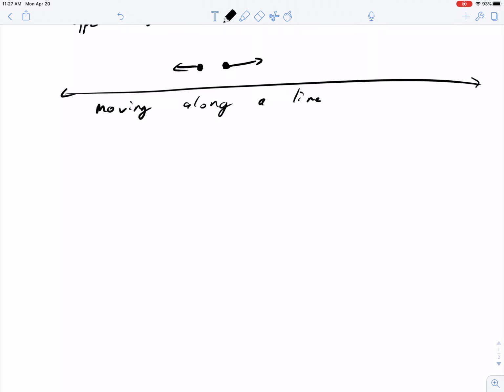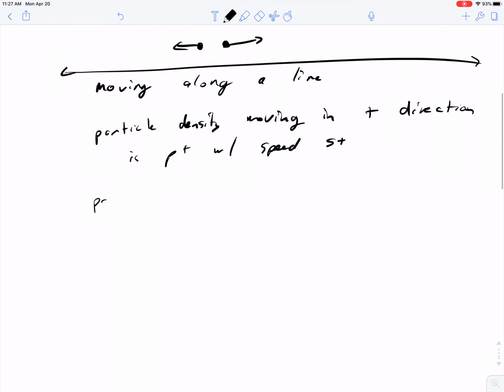So particle density moving in positive direction is P plus with speed S plus.